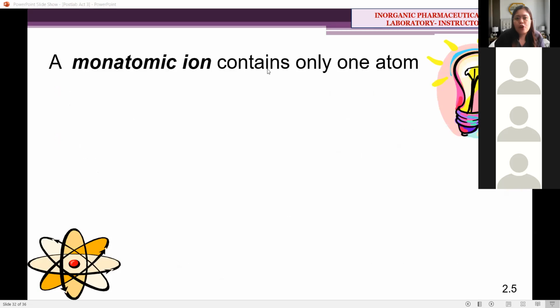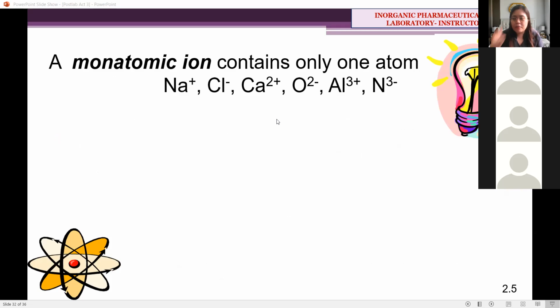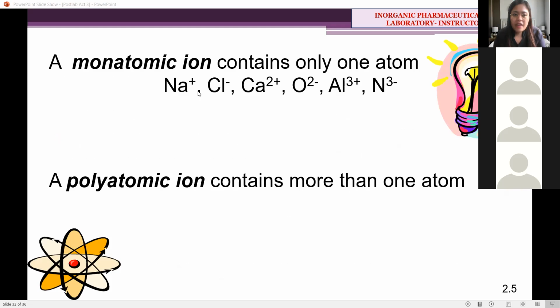A monoatomic ion is just one element with a charge, either because it lost or gained electrons. And a polyatomic ion contains more than one atom, like the hydroxide we mentioned earlier. So hydroxide, OH negative, has more than one atom or more than one element.